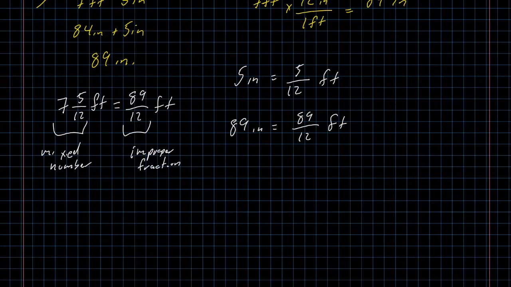As a general rule in the world, mixed numbers are very useful for describing situations. Improper fractions are very useful for doing calculations. So being able to convert between them, using basically the process that we've just talked about for converting between feet and inches, is a very valuable tool.